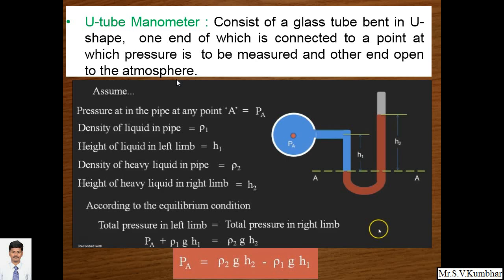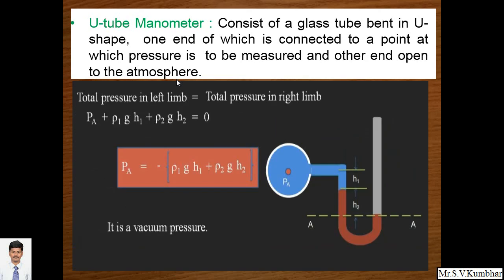We can measure negative gauge pressure also, but the datum surface will be different here. The next slide we will see here the datum surface is different and its vacuum pressure inside pipe PA is the negative pressure. So again apply the same formula.